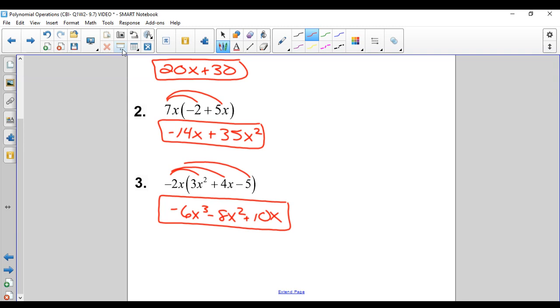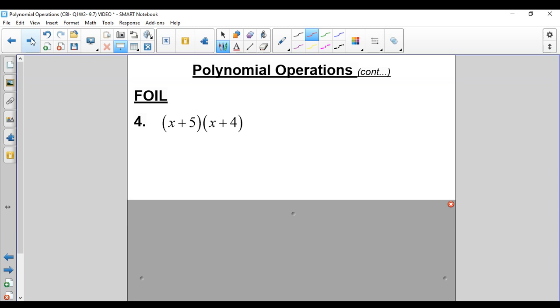So that's distribution. Last portion of this video is FOILing. If you remember, FOIL is first, outer, inner, last.